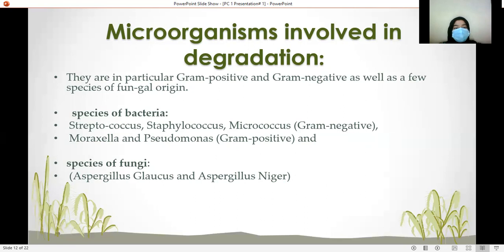And in gram-positive, this includes Moraxella, Pseudomonas, etc. In the fungal species we include Aspergillus, further Aspergillus glaucus and Aspergillus niger. In addition, Bacillus, Ralstonia eutropha, Azotobacter, and Halomonas species are also involved in this breakdown method.